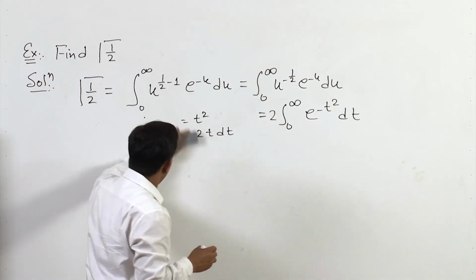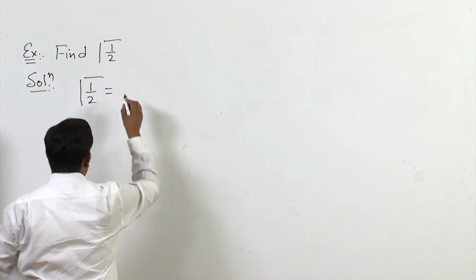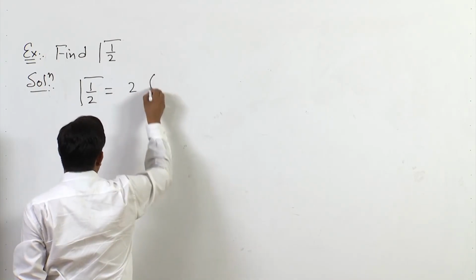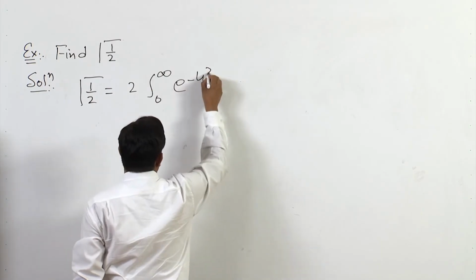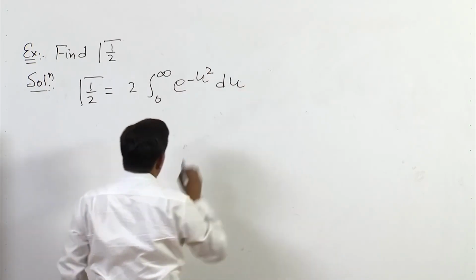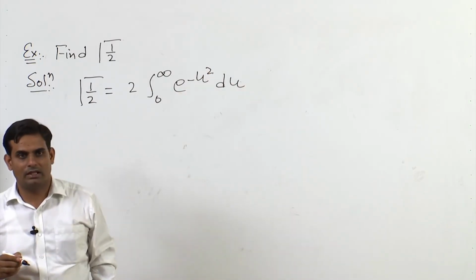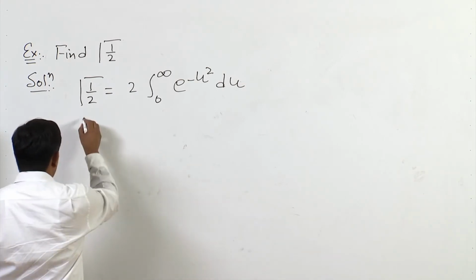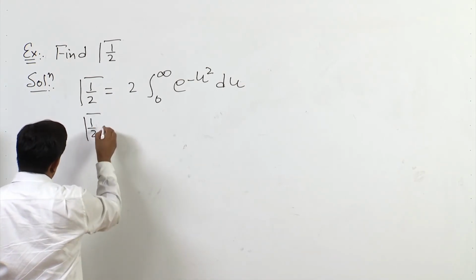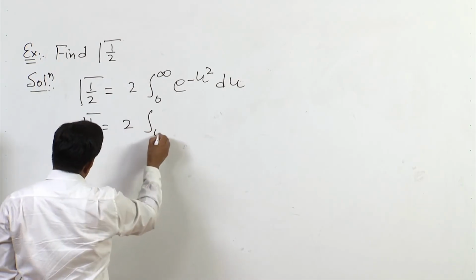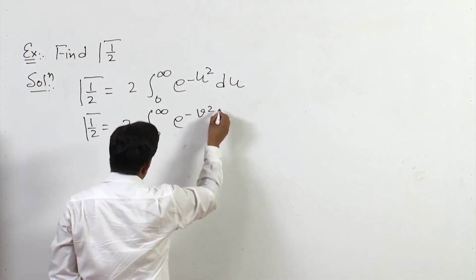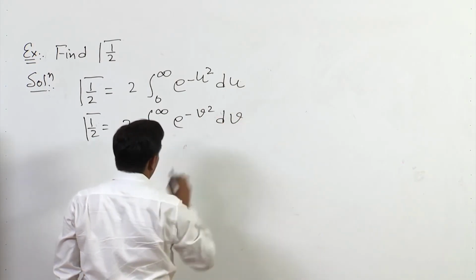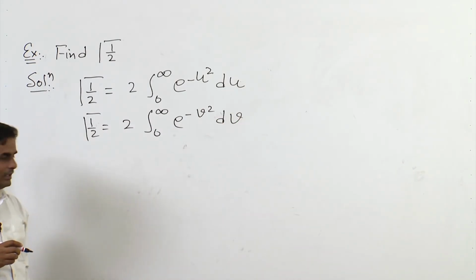So, basically what I am writing? I am writing gamma half equals 2 times 0 to infinity e raised to power minus u square du. Just that t I have written in terms of u again. Also, I can define gamma half as 2 times 0 to infinity, if I take v instead of u, e raised to power minus v square dv.